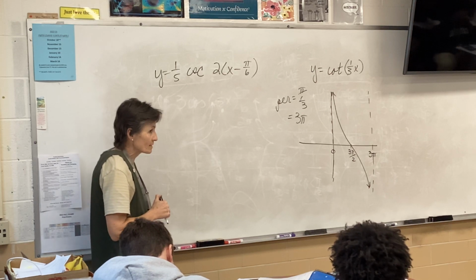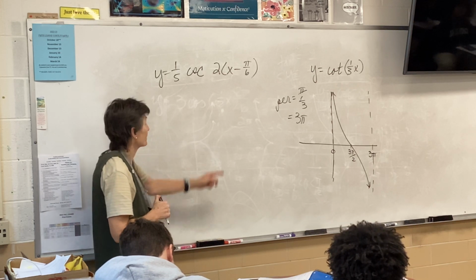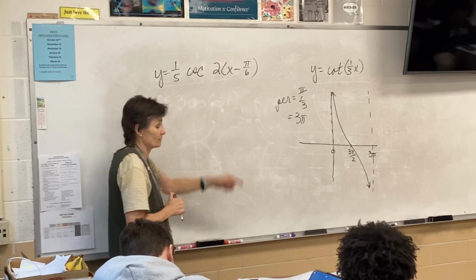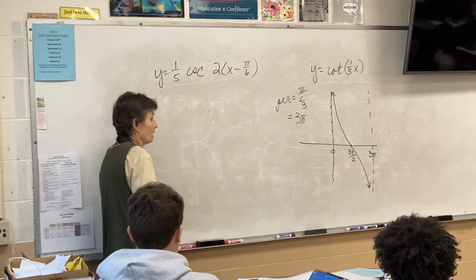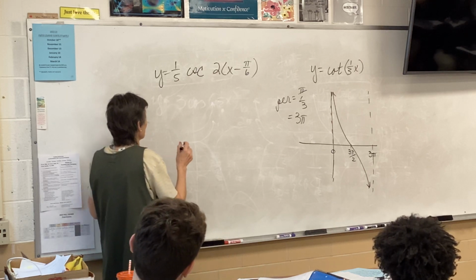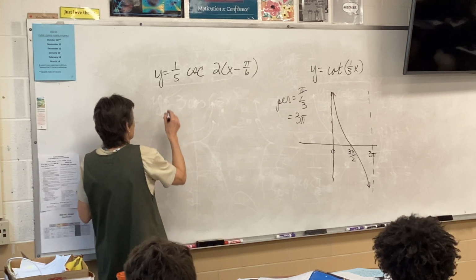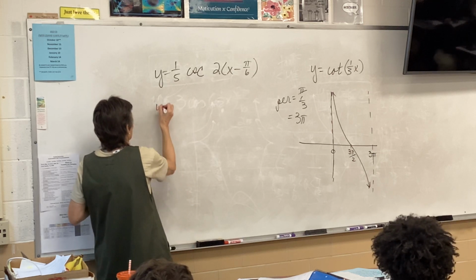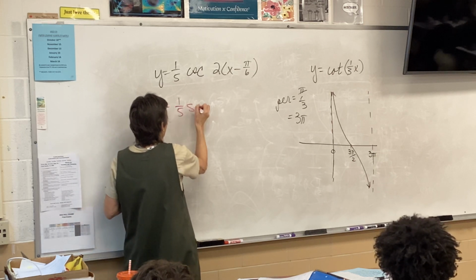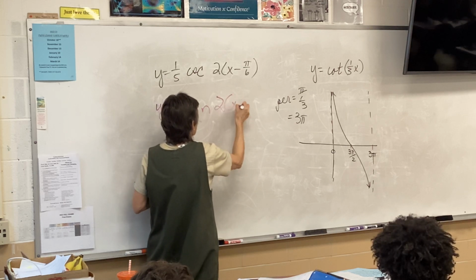Just like with our sines and cosines, we have to pull whatever that is there out. Okay, so I'm going to pretend for a moment that this is a sine. So I'm going to graph y equals 1/5 sine 2x minus pi over 6.